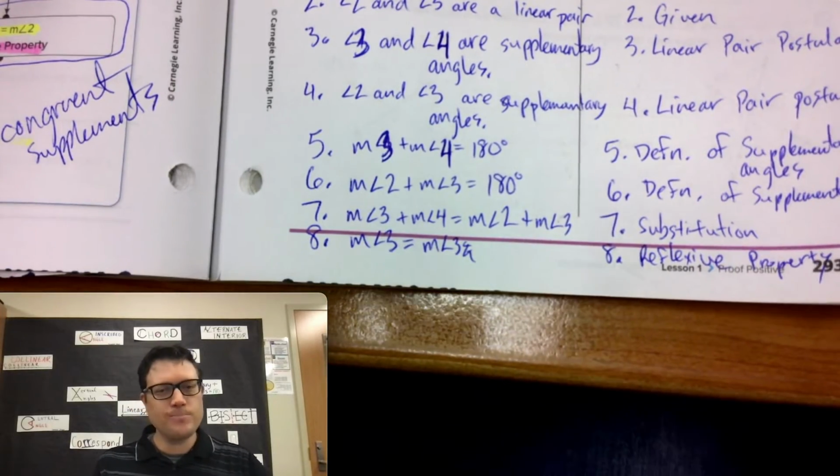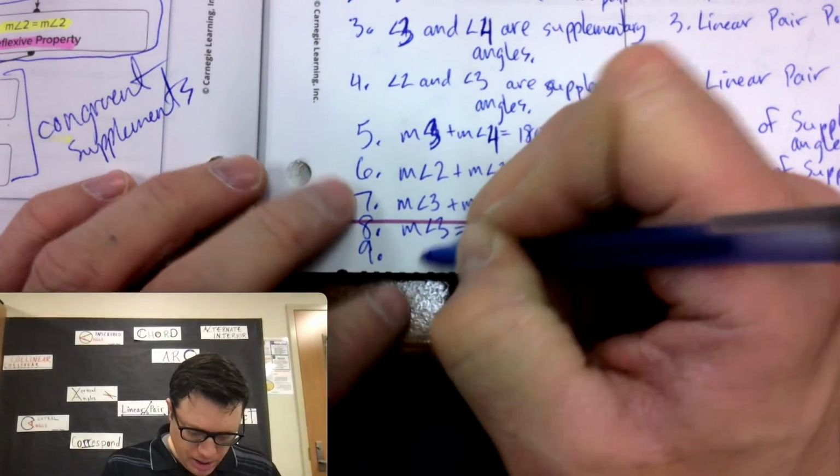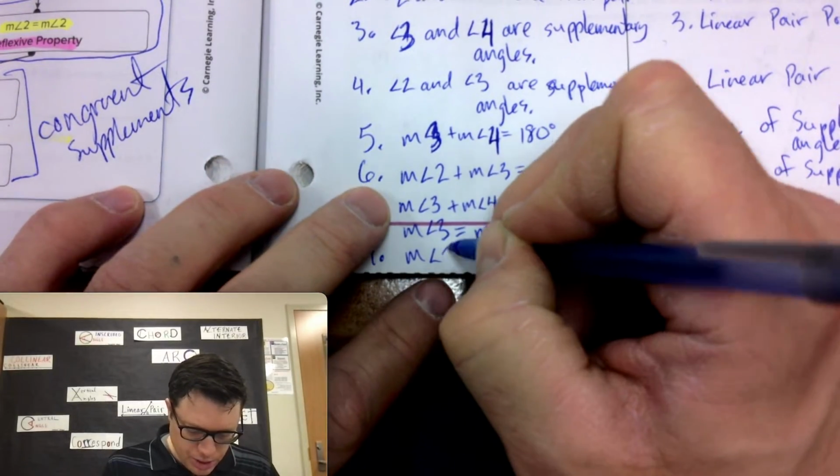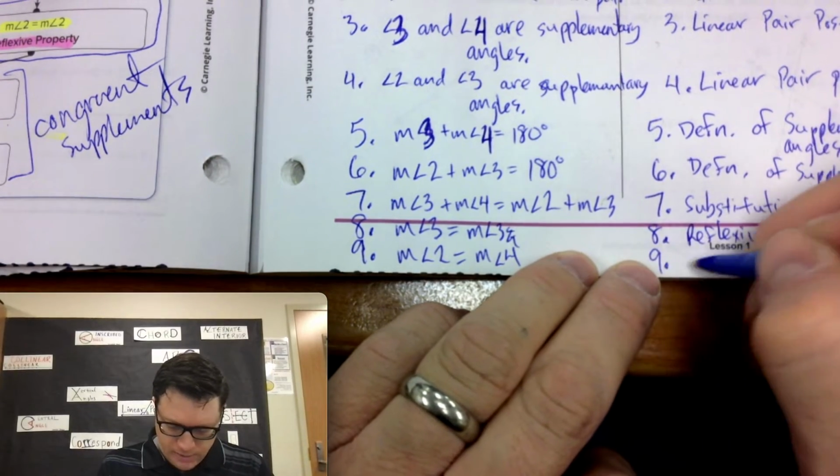I'm not going to do that. I'm going to keep going forward. Step 9 means that the measure of angle 2 equals the measure of angle 4 because of subtraction.